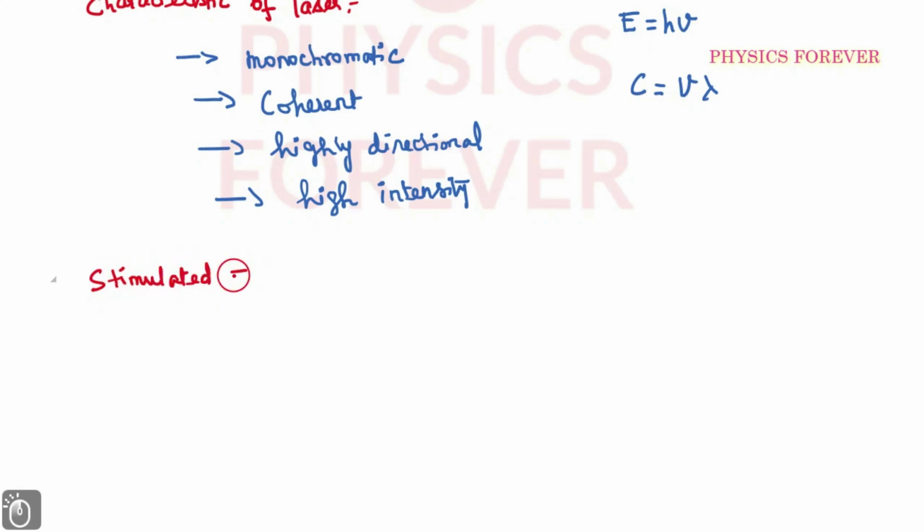We have already discussed how to define it: when an incoming photon forces an excited atom to emit another photon, the emitted photon has the same energy, same phase, same direction and same frequency. We discussed those in the last classes.